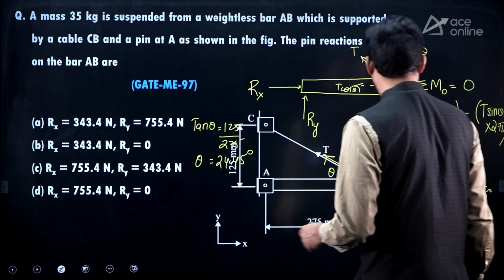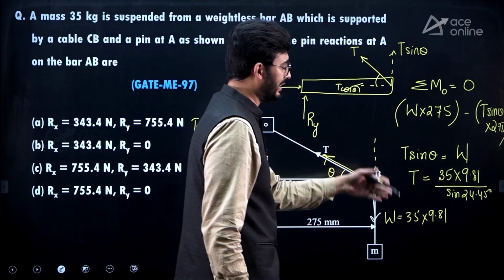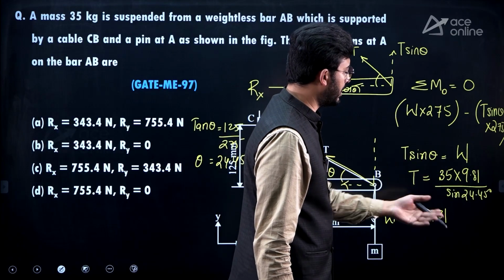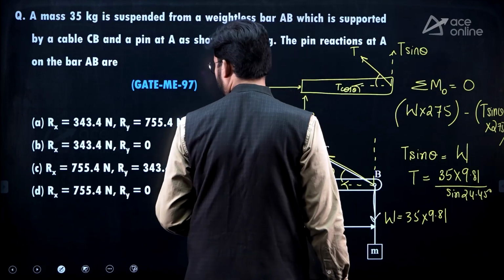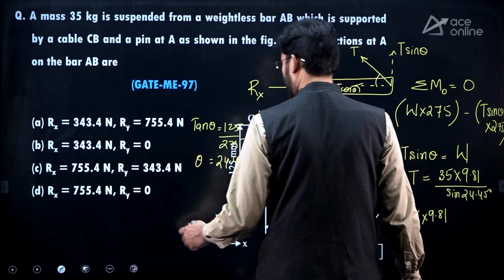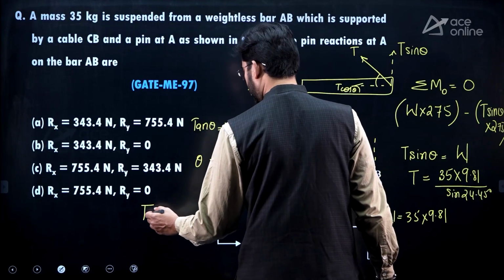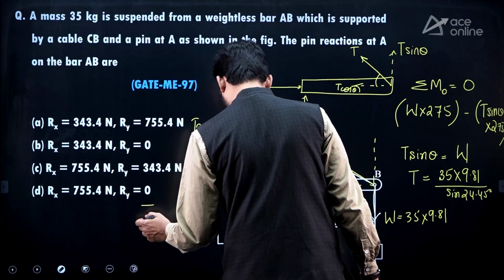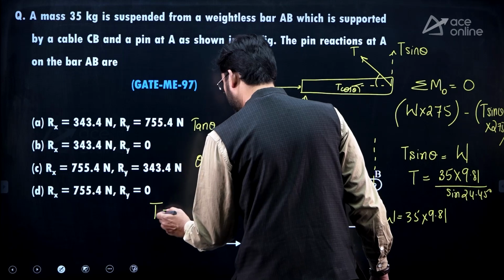Upon calculation, the numerator is close to 350 or 360, and sine 30 is 1 by 2, so 350 by 0.5 is approximately 700. The value of T is approximately 829.